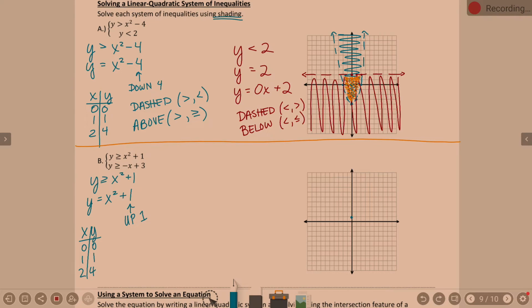From my vertex, my first set of points are going to go over 1, up 1, and over the other way up 1. My second set of points from the vertex, go back to the vertex, over 2, up 4. Over 2 the other way, up 4.